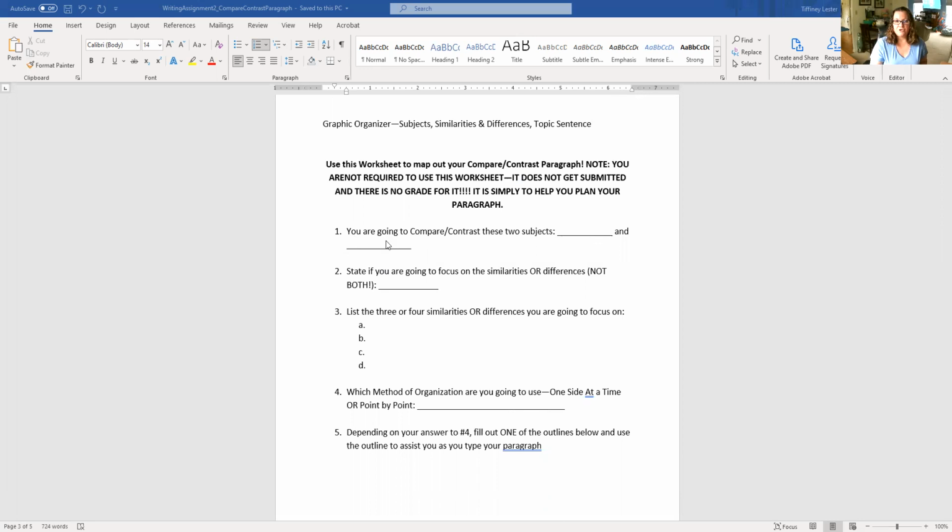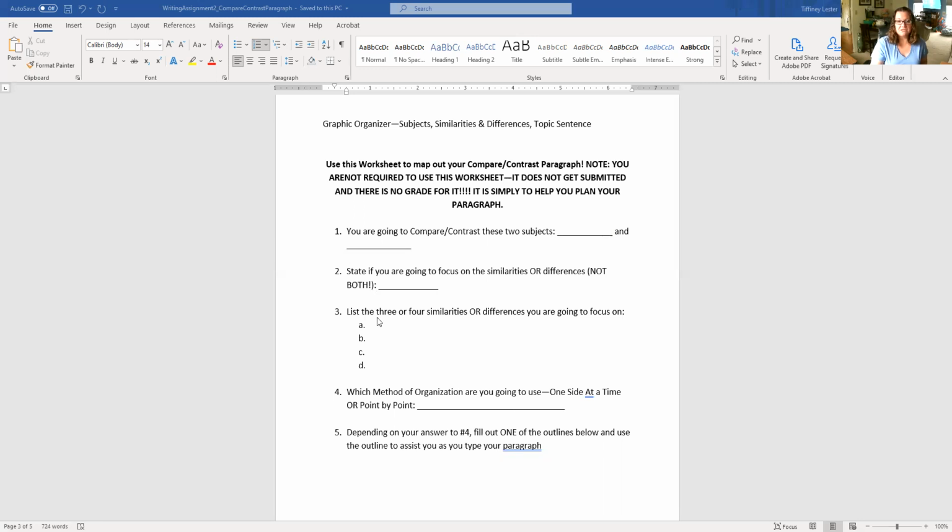So number 1, it says you are going to compare and contrast these 2 subjects, and then fill in your blanks. State if you are going to focus on the similarities or differences, not both. So think about it. If you're looking at online shopping and in-store shopping, what are you going to focus on in the paragraph? Are you going to look at how they're different? Or are you going to look at how they're actually similar? Write that down. Make sure that you have decided which one you're going to focus on.